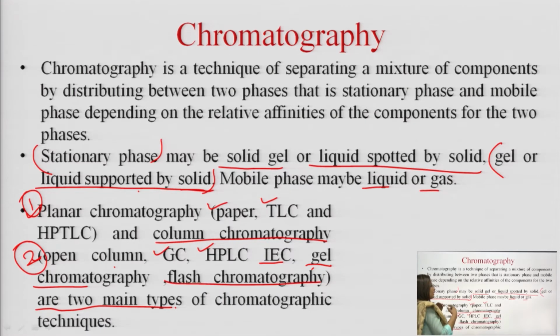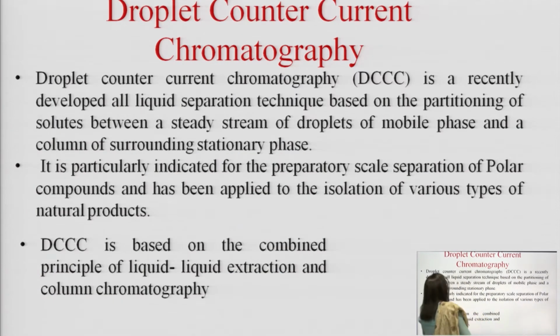All the chromatographic techniques where a 2D plane or plate is used, and that surface is used, like paper or glass plates or plastic sheets or aluminium sheets in case of TLC and HPTLC, come under the category of planar, while the tube-like chromatography techniques including GC, basic liquid column chromatography, HPLC, IEC, gel chromatography, flash chromatography all come under the category of open tube chromatography. Next is droplet counter current chromatography.